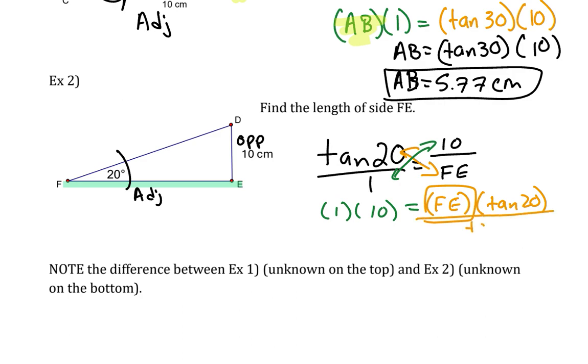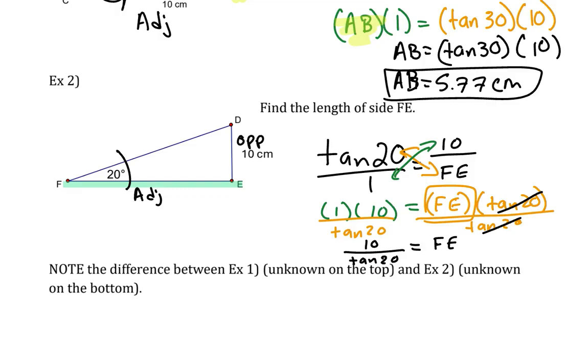In this case, it's tan of 20. So I need to divide this guy also by tan of 20. When everything simplifies out, the tan of 20 cancels out. I have FE left on this side, and on this side I have 10 divided by tan of 20.